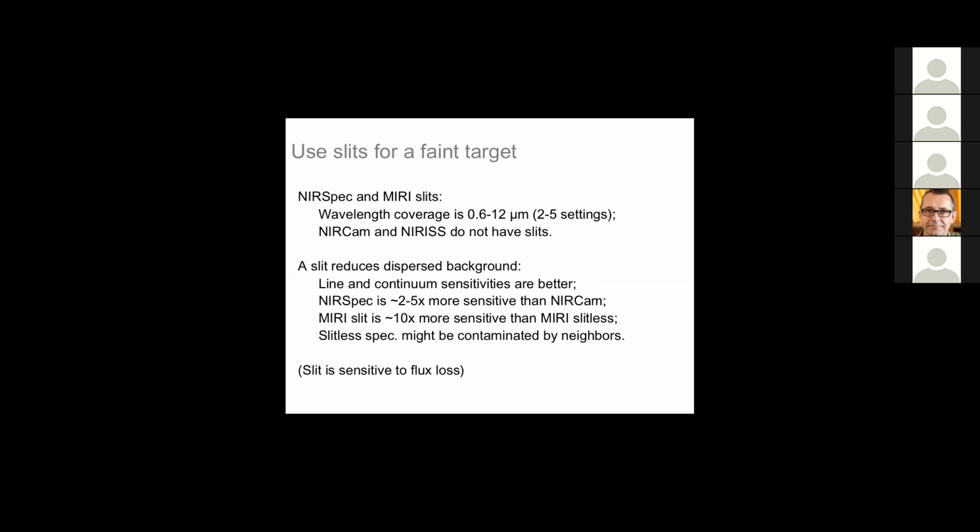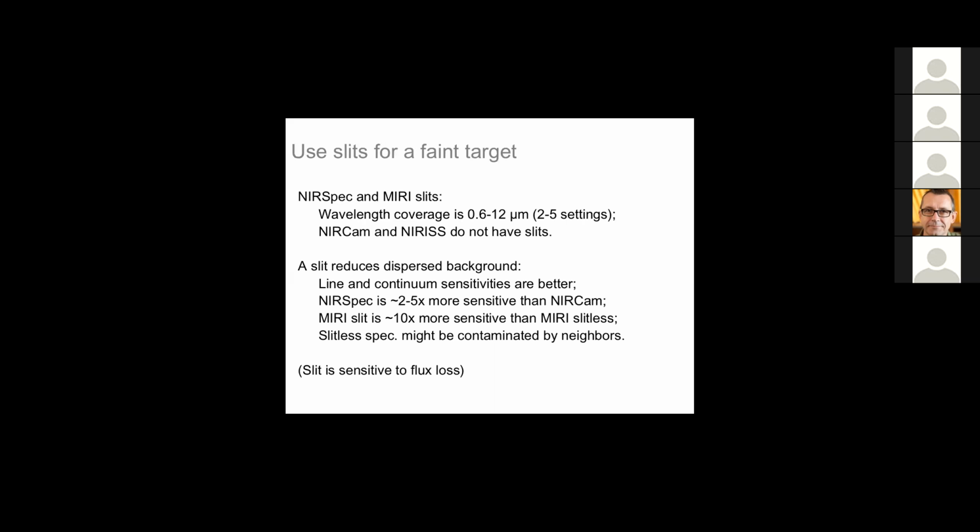Just to quantify this improvement on NIRSpec, the slits are 2 to 5 times more sensitive than the NIRCam grism on the same wavelength range. And for MIRI, the slitted option on MRS is 10 times more sensitive than the slitless one. And again, the slitless spectrum might be contaminated by the neighbors, so that's why you might want to use the slit.